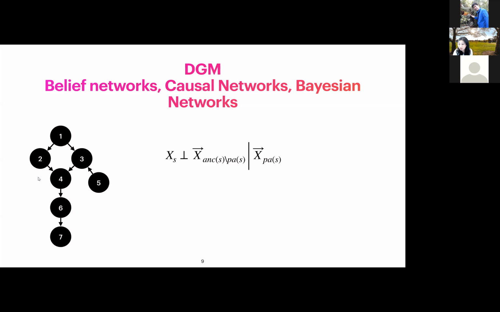If it's not, then this graphical model is inconsistent with your joint distribution, so it won't be representing the joint distribution. Overall, using a graphical representation, you are able to represent these conditional independences very compactly, very nicely, very concisely.